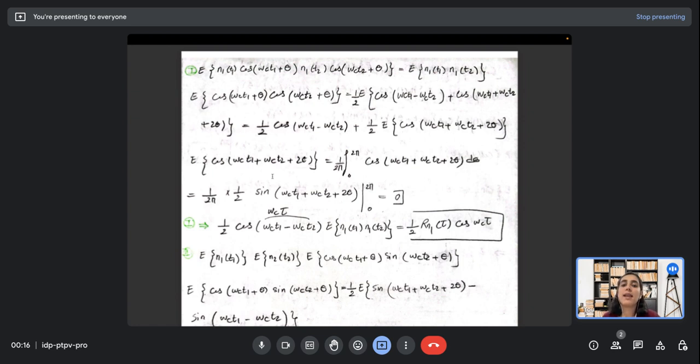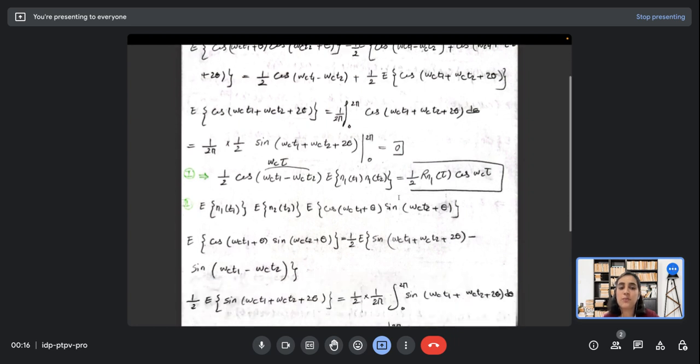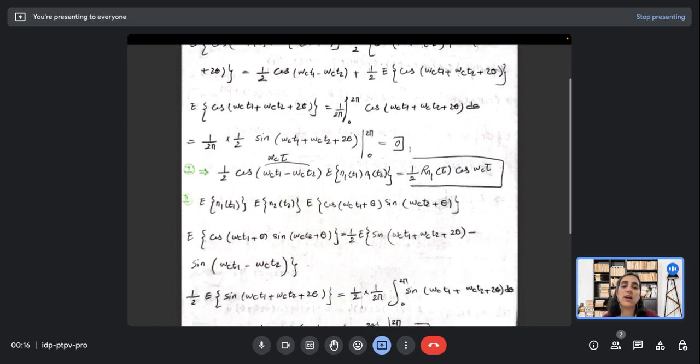Again, like the previous part, we write the integral, and we come to 0. So for the first part, we have 1 divided by 2 r of n1 of tau, and we have cosine of WC t1 minus WC t2, which we can write as cosine of WC tau.